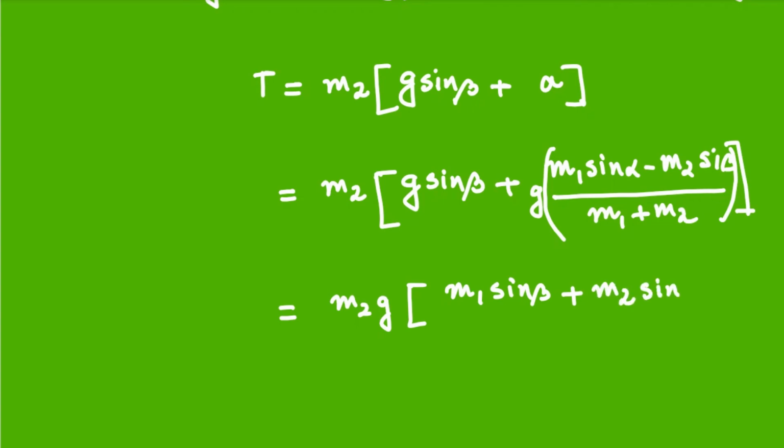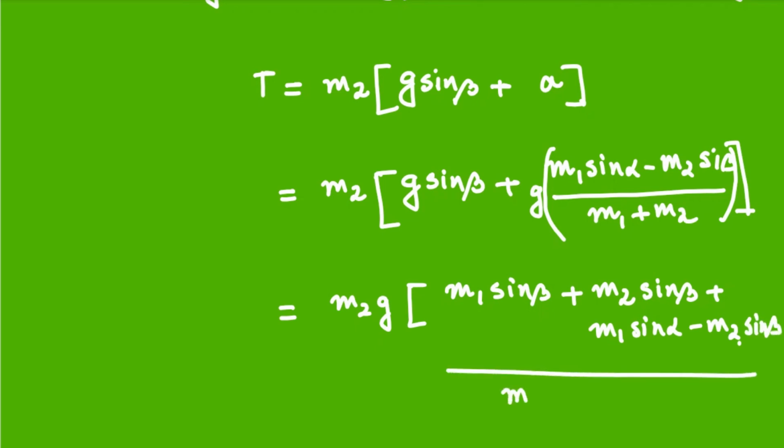After doing LCM, plus m1 sin alpha minus m2 sin beta, m1 sin alpha minus m2 sin beta, whole divided by m1 plus m2, bracket closed.